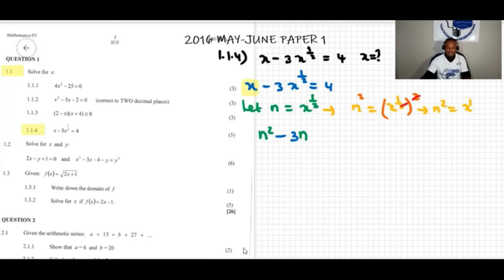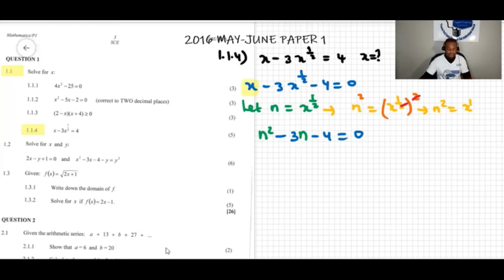Over here I wanted to move 4 over, so that minus 4 equal to 0. The idea was to transform that equation into a quadratic equation, because with a quadratic equation we can easily solve it. We can solve it by factorization, or by using the quadratic formula. In this case, I prefer to solve the equation by factorization.